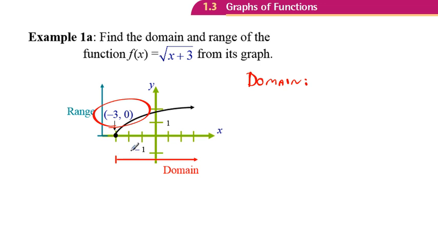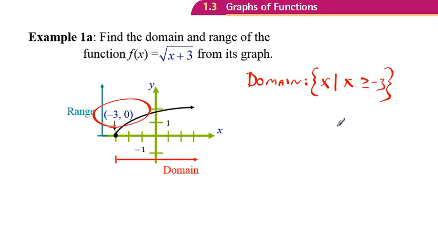So the way that we can say what the domain is, is the set of all x values such that x starts at -3, and then it just gets bigger. So it's when x is greater than or equal to -3. This would be our domain.